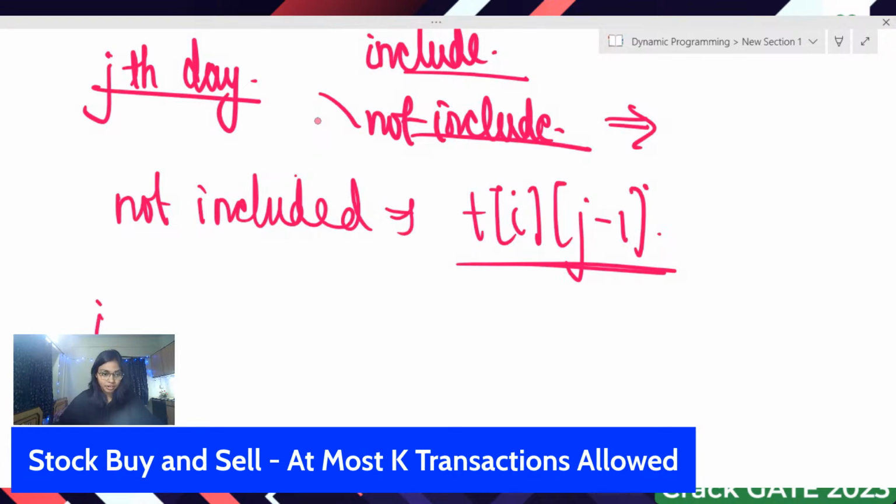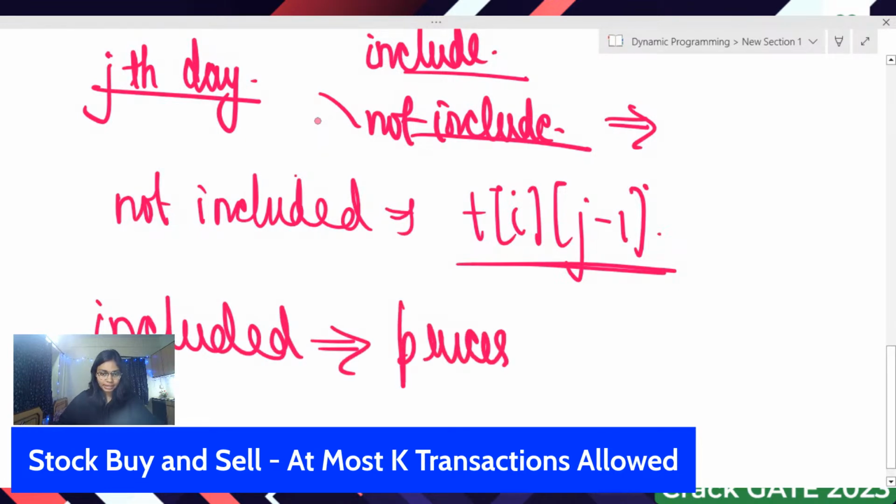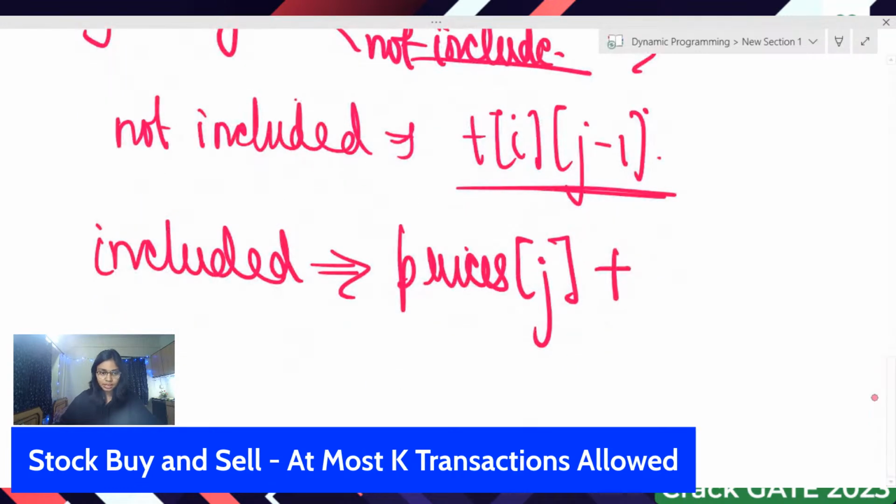But when it is included, in that case what you are going to get is simply the current price plus the maximum of, we need to have one more value here.